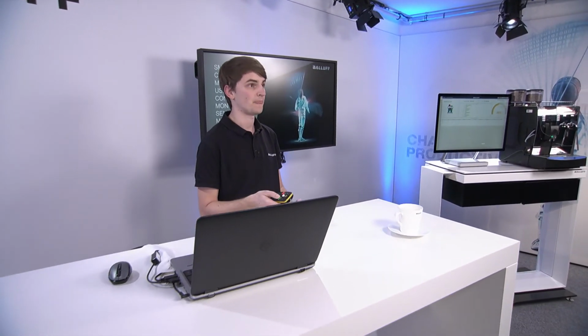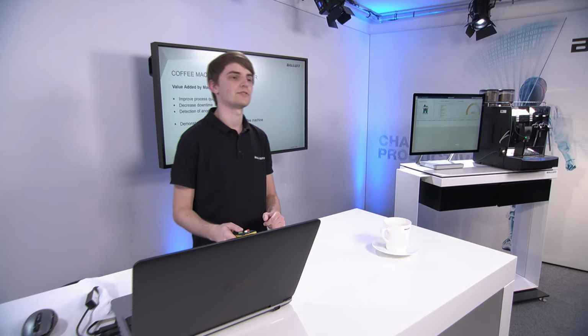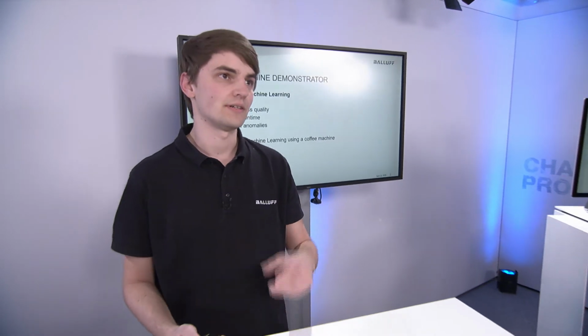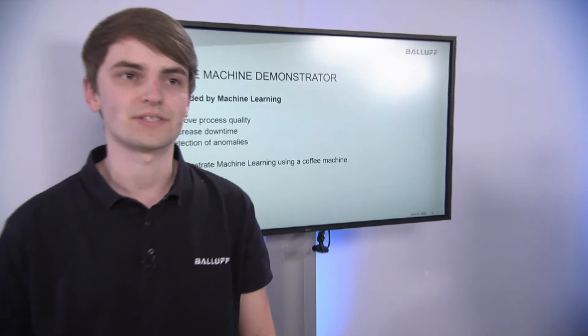First of all, I will start with some basic background information, and later on we switch to the live demo. So first, we have to talk about what value is added by the use of machine learning. You can improve your process quality.